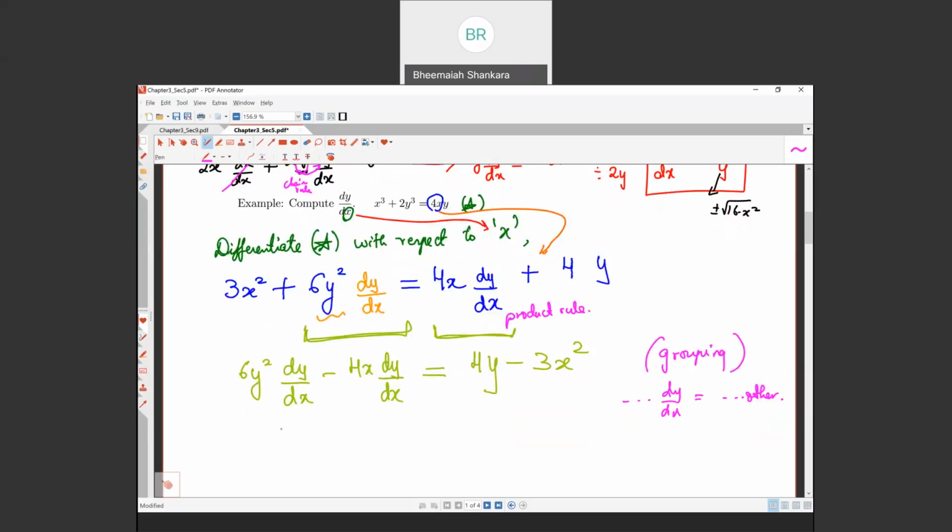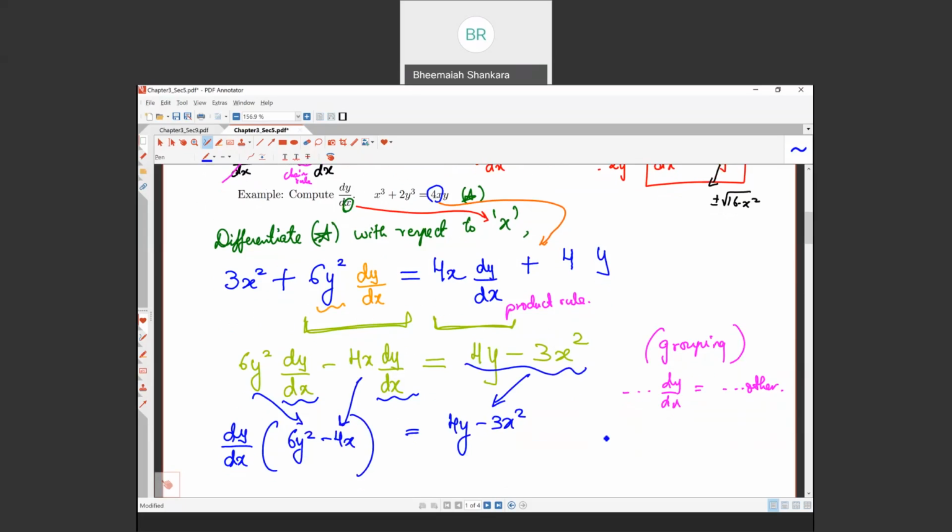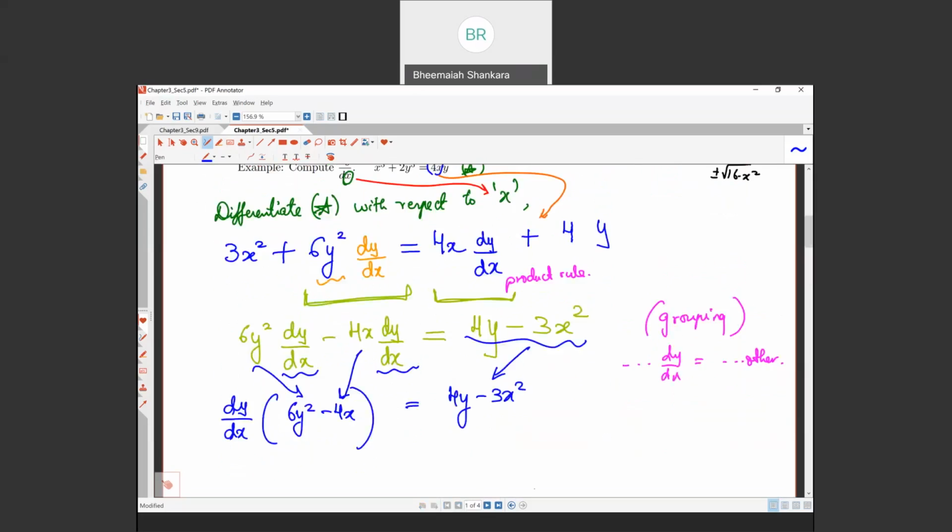So now we can factor the dy over dx. You see a dy over dx here, dy over dx here. So factor it out. And you have 6y squared from the first term, and you have a negative 4x from the second term. Then you have 4y minus 3x squared from the right hand side. Just bring it down. Now you are asked to find dy over dx, so you don't want this 6y squared minus 4x.